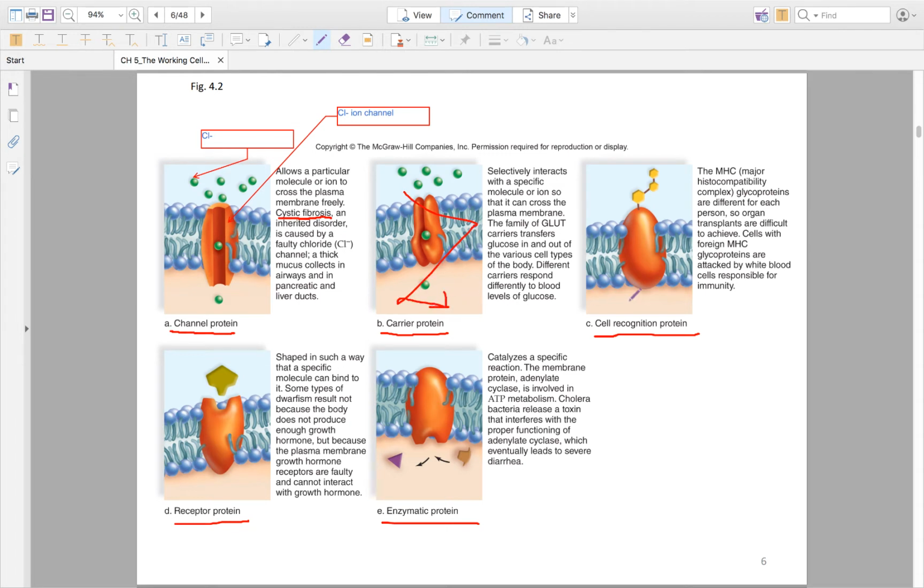Easy. Cell recognition protein, C. All right, see these little sugar molecules right here? This is called an MHC, a major histocompatibility complex, the MHC complex. Now what's interesting about the MHC complex is every single person has a completely unique MHC.